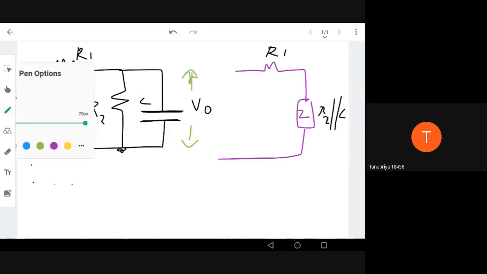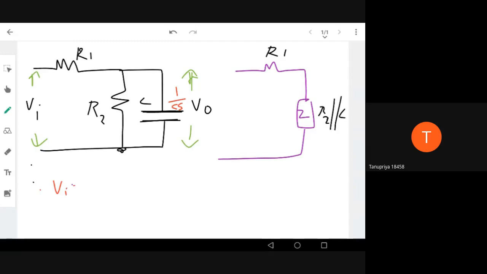Okay, so if I see the Laplace thing, this is 1 by Cs, and this is R2 only. So I can write V output equal to V input into 1 by Cs parallel R2, that is R2 divided by R2 plus 1 by Cs, right?